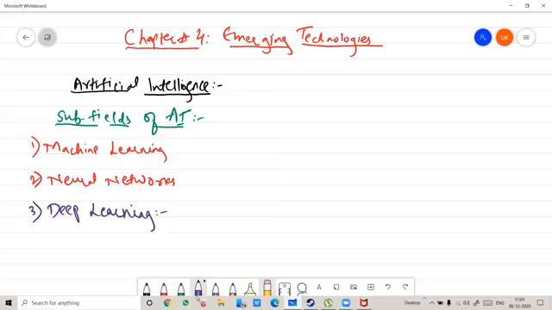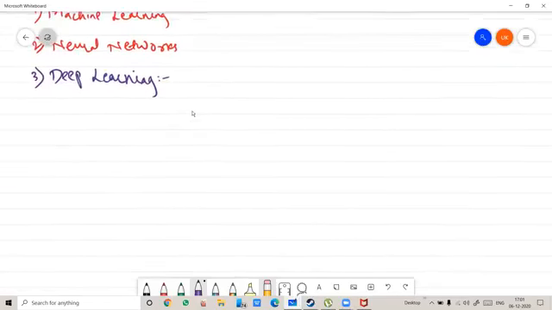Now what is deep learning? Deep learning utilizes really very big neural networks. That means we can say it is a broader family of machine learning.